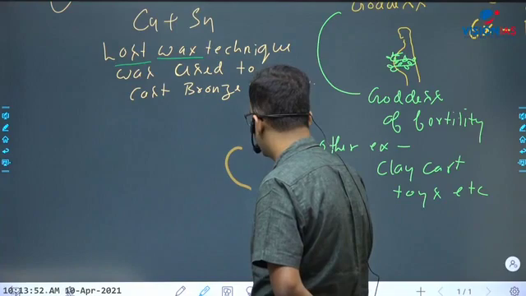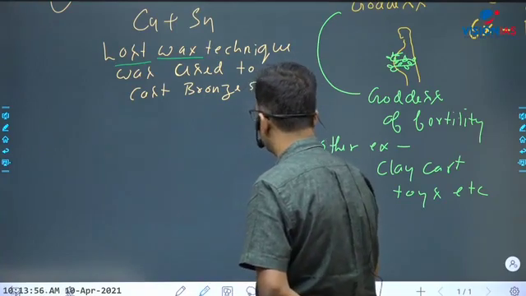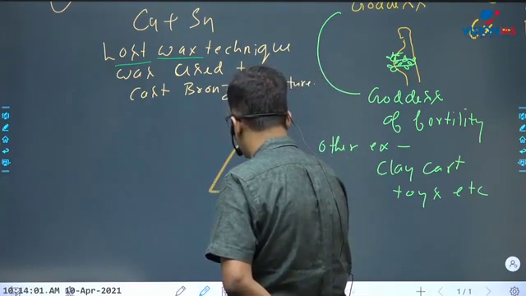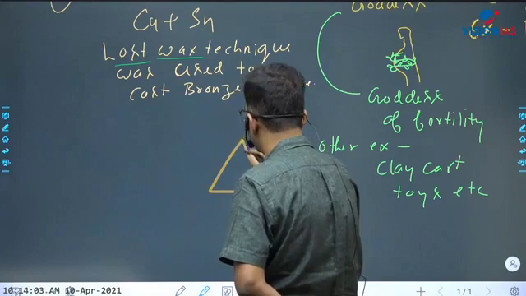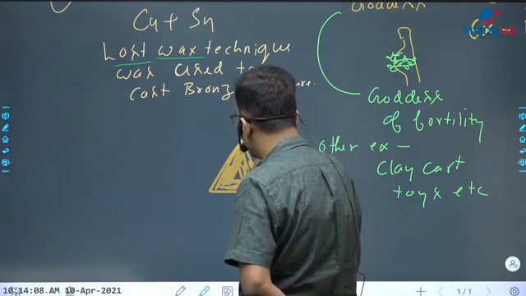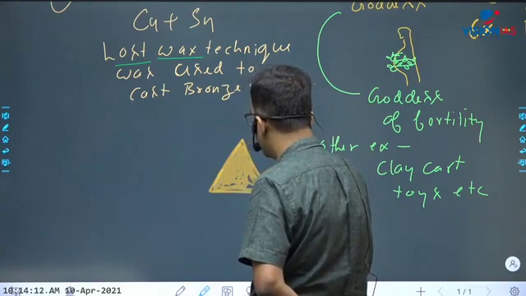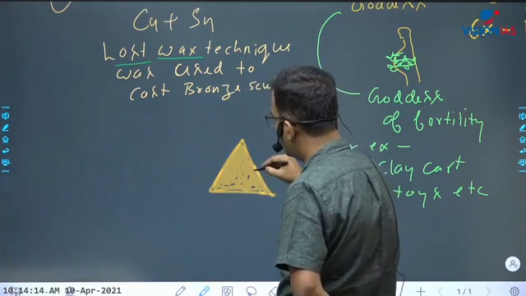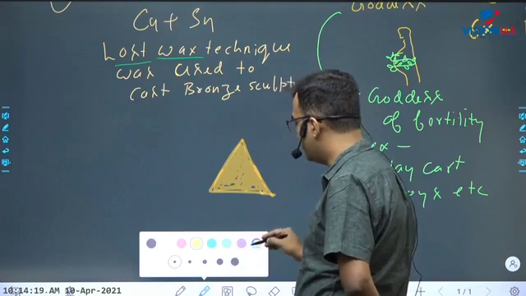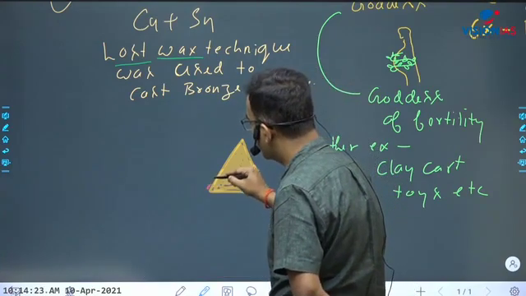Suppose there is this image, and a triangular image is to be created. This is created from the wax. So now this is a wax structure. They have created an image, one such sculpture, from the wax. Now in the second step, they will cover this wax with clay.